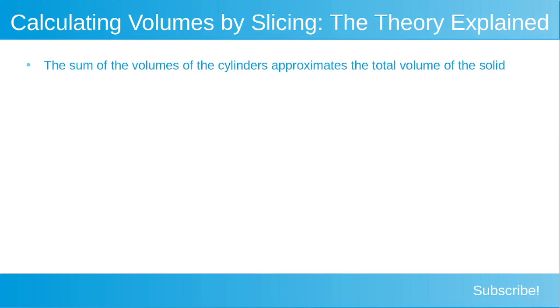So we have that the sum of the volumes of the cylinders approximates the total volume of the solid, and we can express the sum of the volumes of the cylinders over all of those slices as the sum from k equals 1 to n of V subscript k, and we can express that as the sum from k equals 1 to n of A of x subscript k multiplied by delta x.